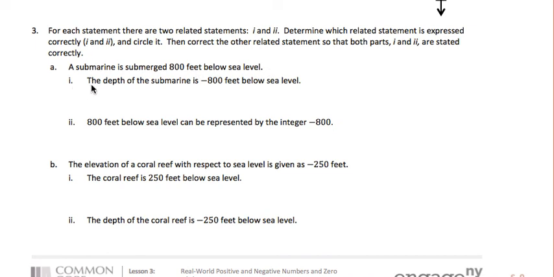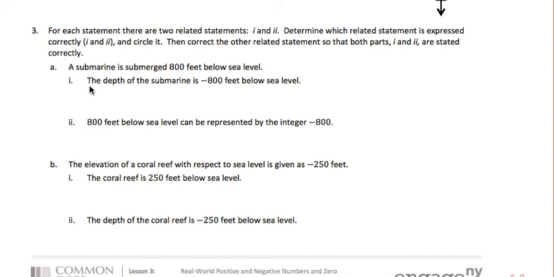Statement 1, the depth of the submarine is negative 800 feet below sea level. Seems like it's saying the same thing twice. Negative 800 and below mean the same thing, so it sounds rather confusing to me. Second statement, 800 feet below sea level can be represented by the integer negative 800. That seems very correct to me.